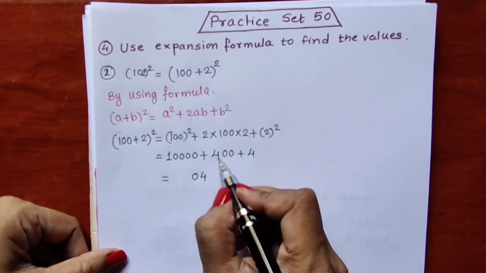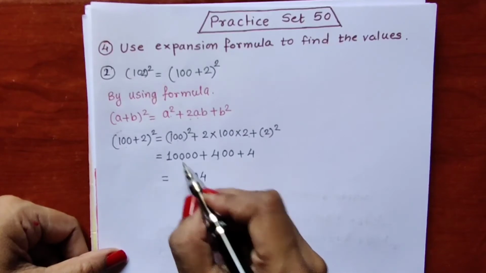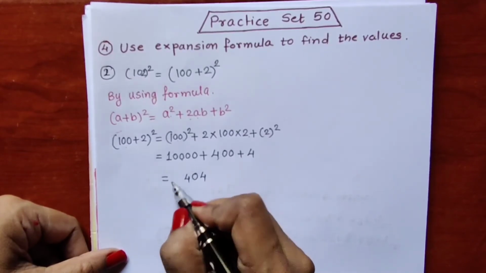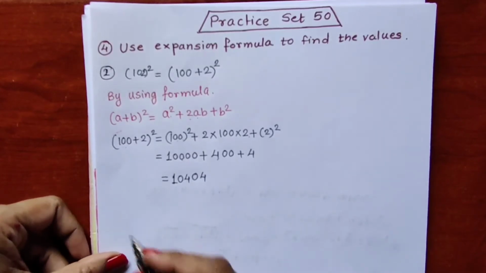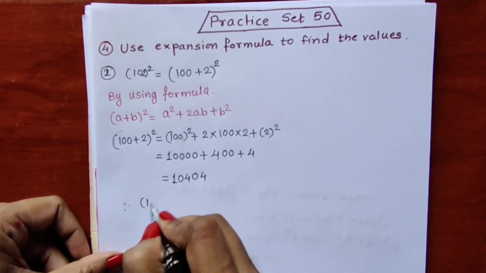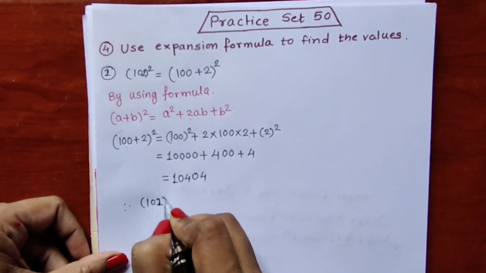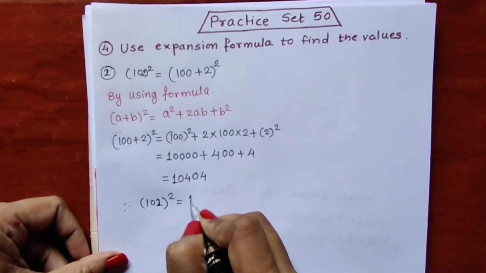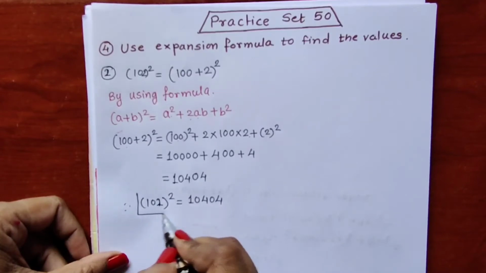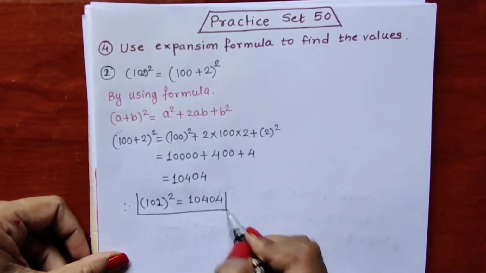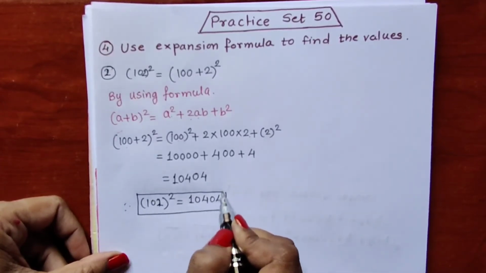Now see the 100 place digit, 4 plus 0 is 4, and now this 10,000 is remaining, so 10,404 is the answer. Therefore, 102 square is equal to 10,404. In this way we can find the answer very easily by application of the formula.